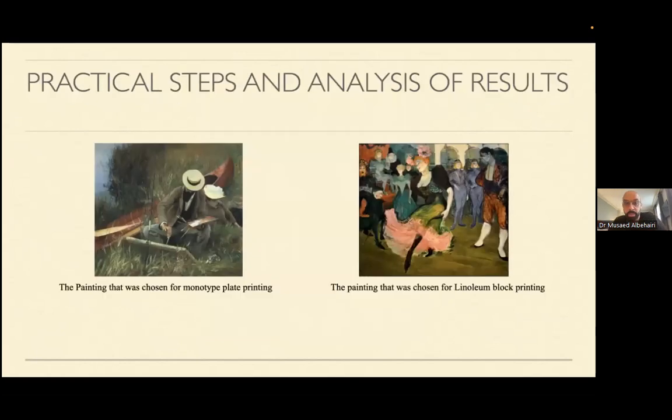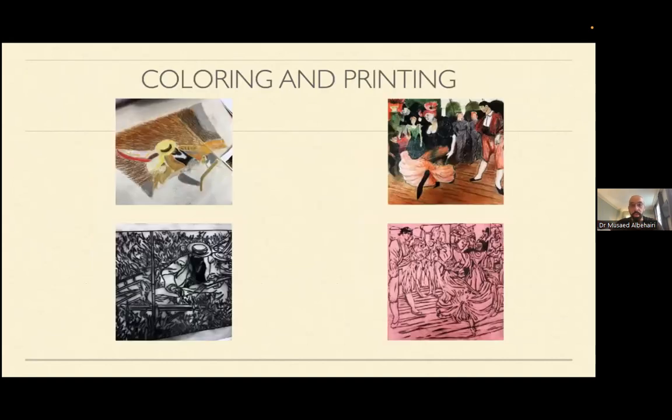The practical steps and analysis of the research. I took two students here. One chose John Sargent, on the left, and the other chose Henri de Toulouse-Lautrec, on the right. The one on the left is dealing with monotype plates, and the one on the right with linoleum printing, and you will see the process is different here.